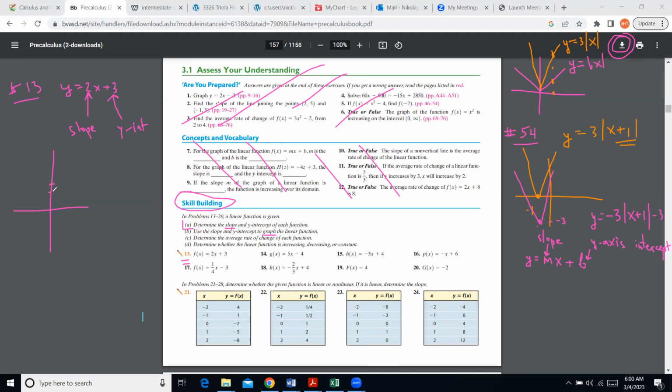Once you put 3 on the y-axis, because that's the intersection with the y-axis, the y-intercept, number 3, then you need to use the slope.